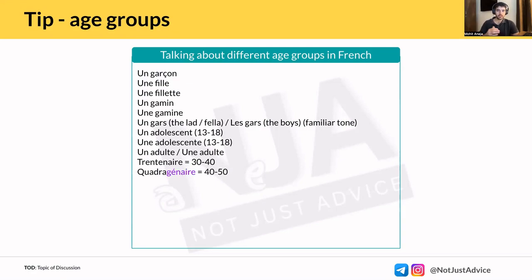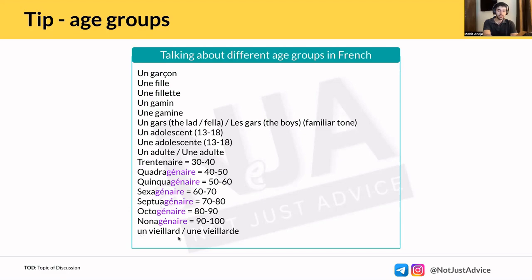Then notice the ending on this, génaire, quadragénaire is 40 to 50. We have the same ending, but the prefix changes every time. Quinquagénaire, 50 to 60. Sexagénaire, 60 to 70. Septuagénaire, octogénaire, nonagénaire. And then we have un vieillard, une vieillarde. Un vieillard is an old man. Une vieillarde is an old woman, okay? Then we can also talk about old men and old people as un ancien, okay?